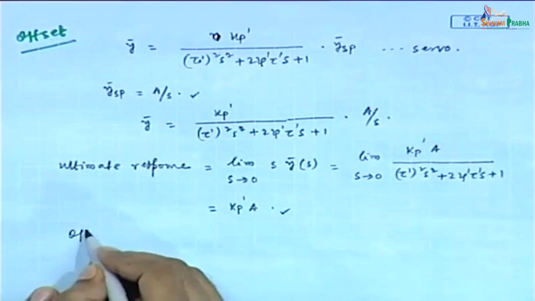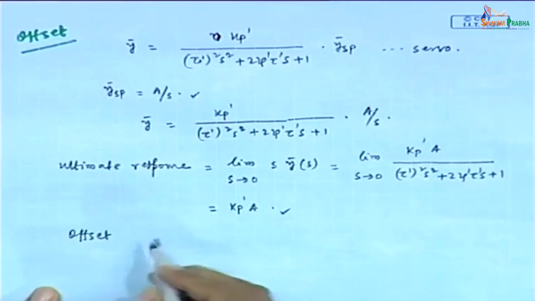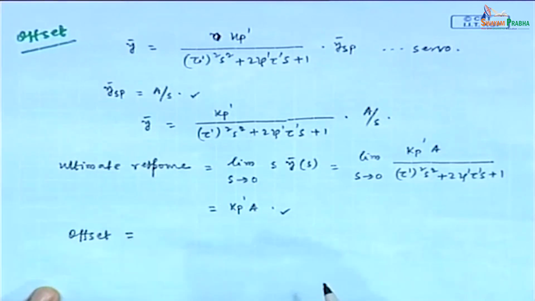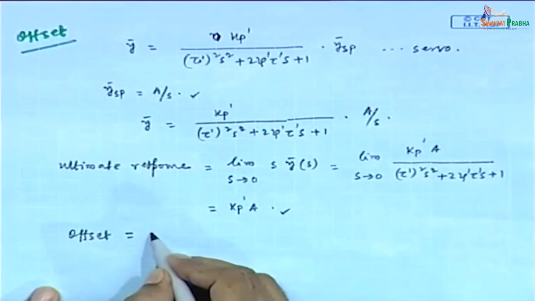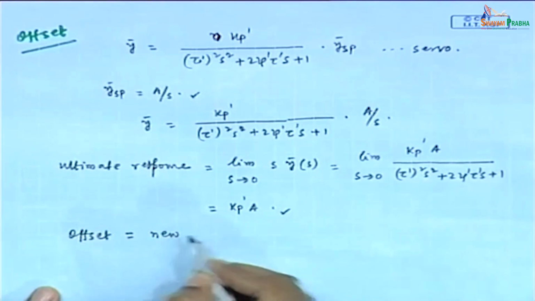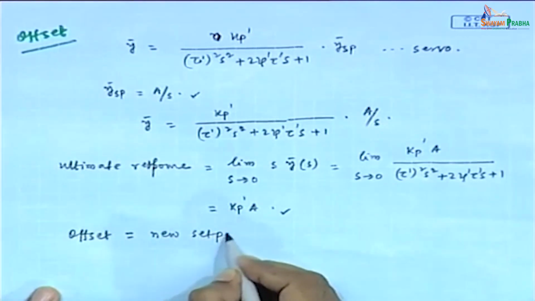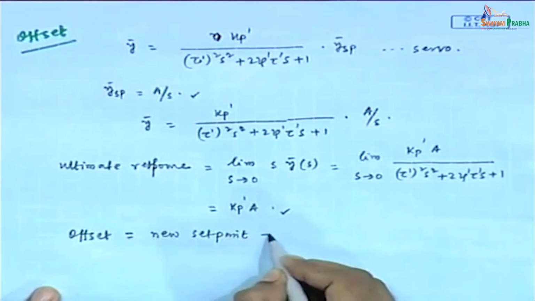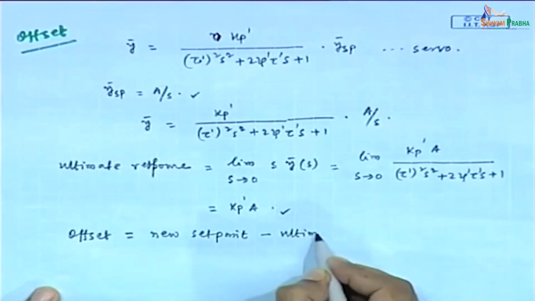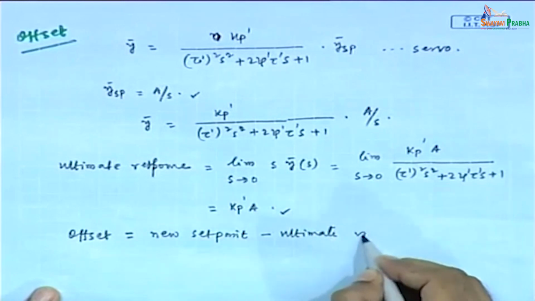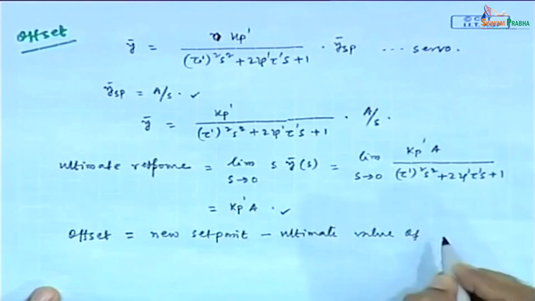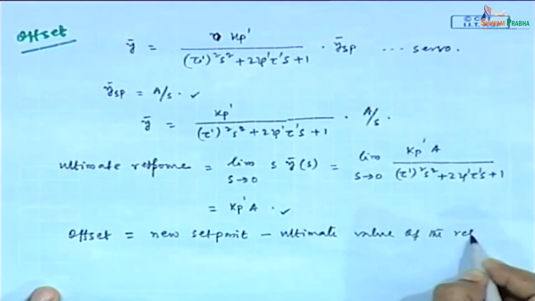Then what about offset? We know the offset equals new set point minus ultimate value of the response.